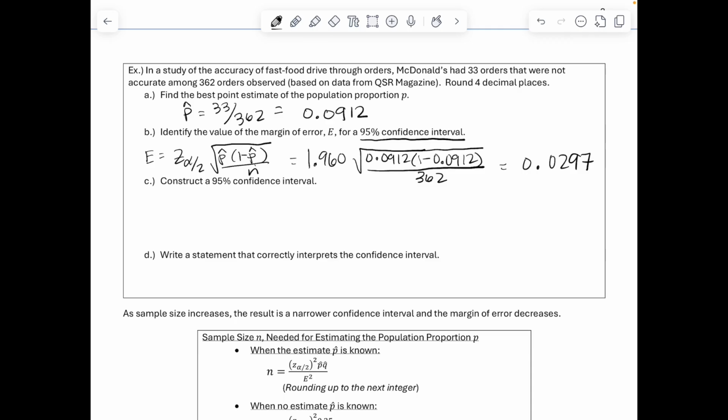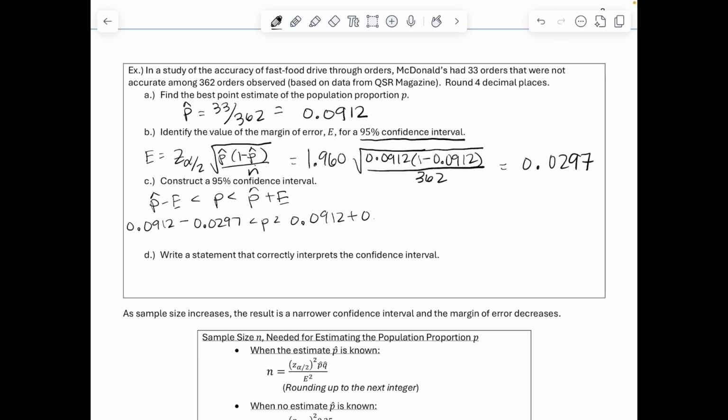Part C says to construct a 95% confidence interval. With this, we actually have p hat and E. You can also use your graphing calculator to do this, but I'm going to use the values that we have already. This is going to be between p hat minus E and p hat plus E. We know p hat is 0.0912 minus E, which is 0.0297.